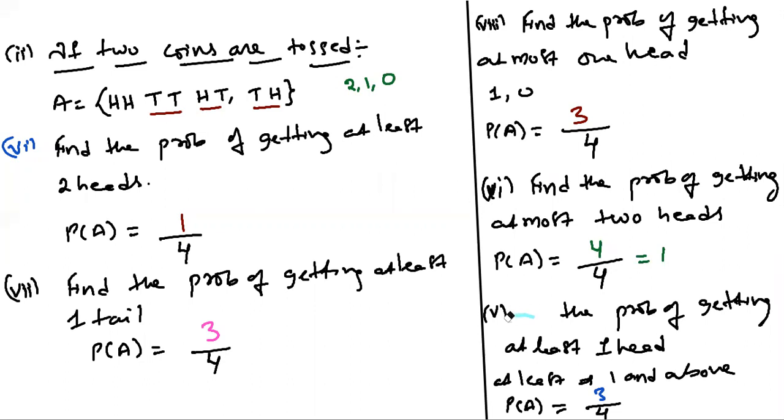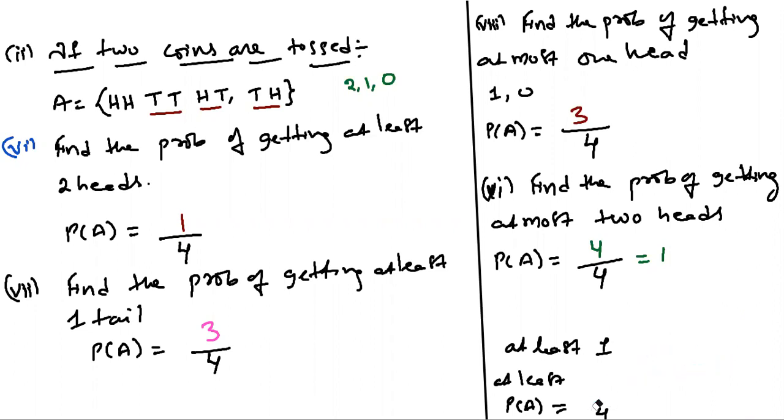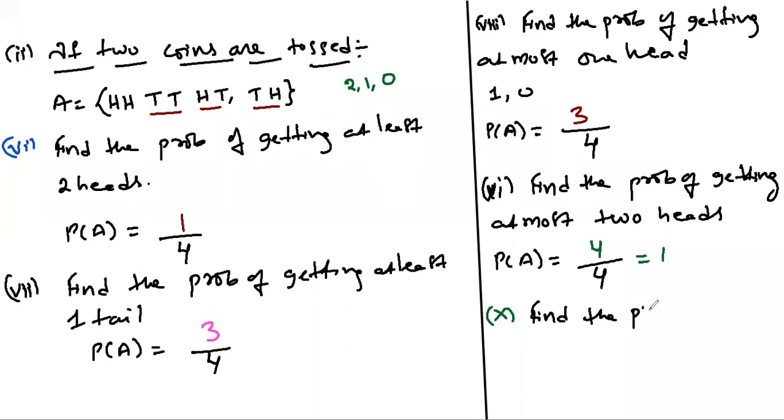Next, tenth one. Find the probability of getting at most one tail.